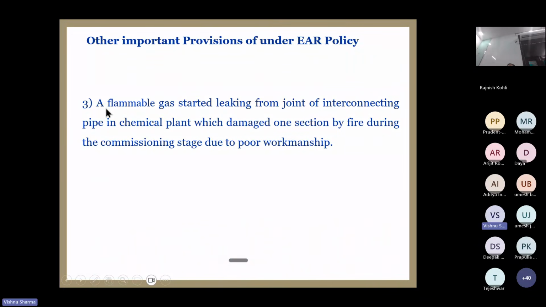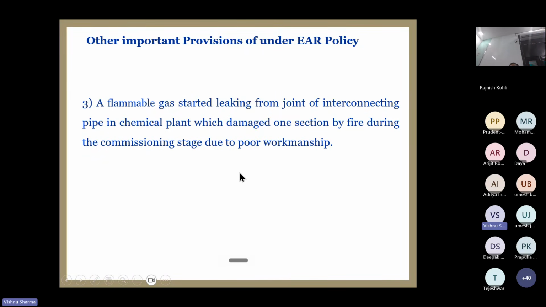This is another example. Here, a joint was found to be defective in a chemical plant, so flammable gas started leaking, which caught fire.